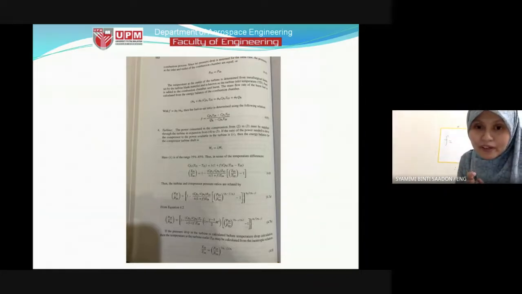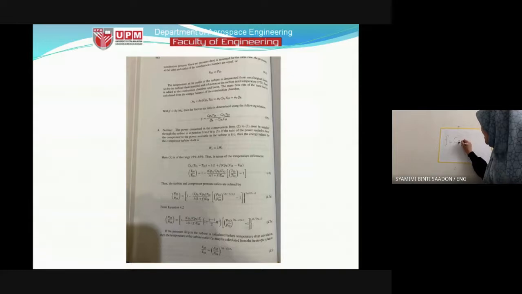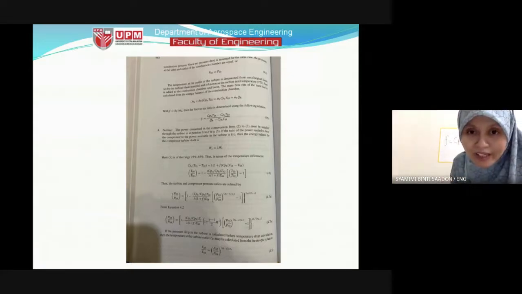So we have F equation, Cp. Here we assume Cp, specific heat for air, inlet and outlet of the combustion chamber is the same. Otherwise in this equation it is written as Cph and Cpc, right?